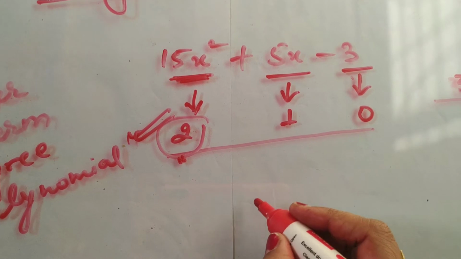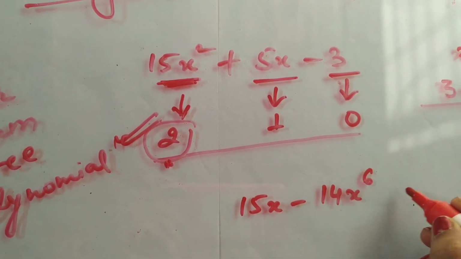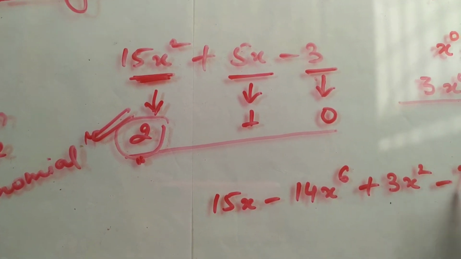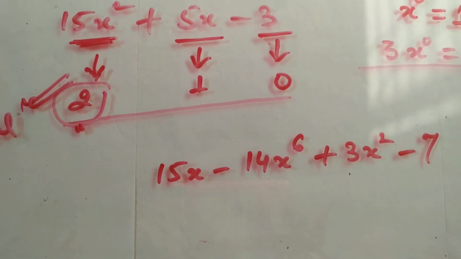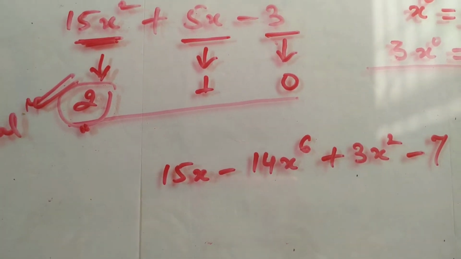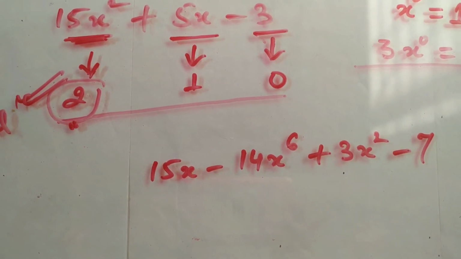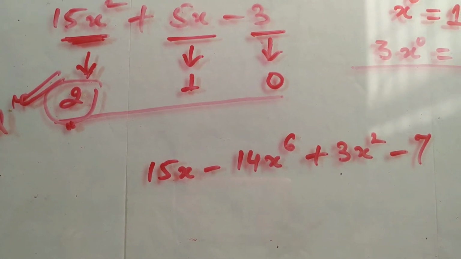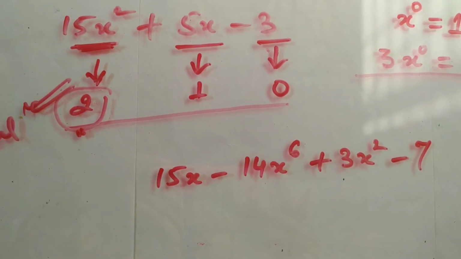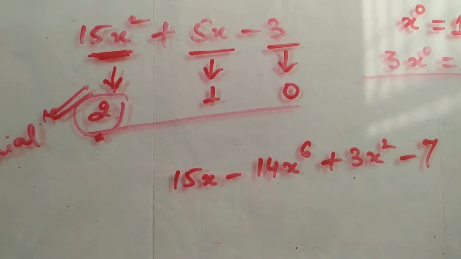Now let us see another example, with minus 7. First we rearrange the polynomial because it is not in standard form. The standard form of a polynomial is one in which we put the highest power first.